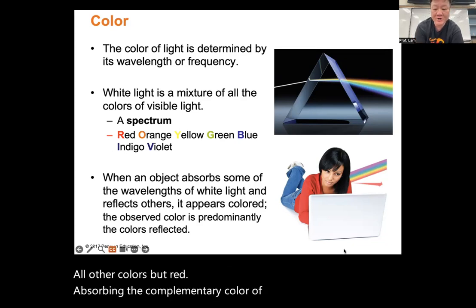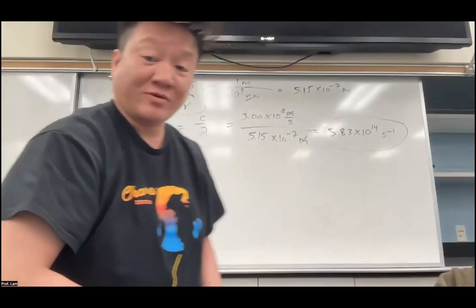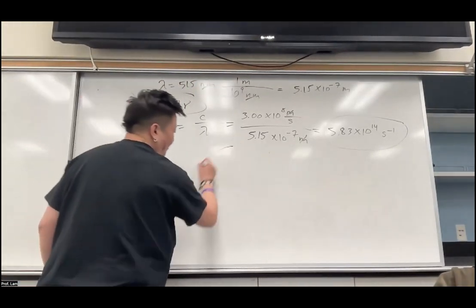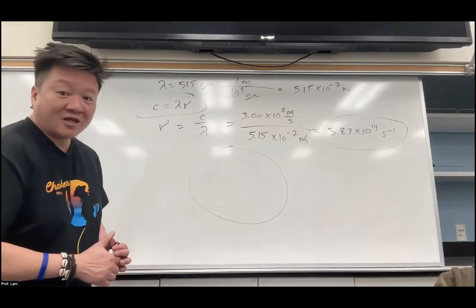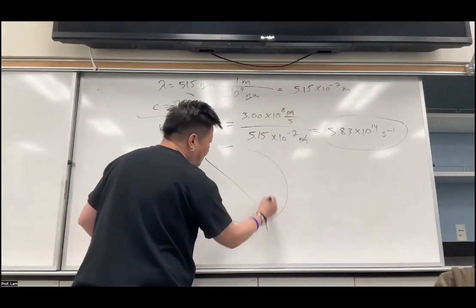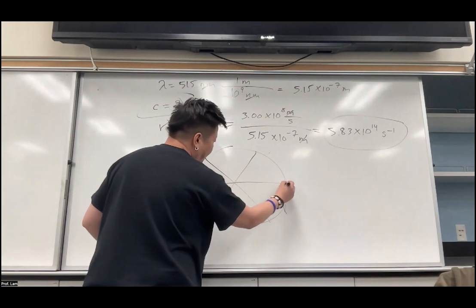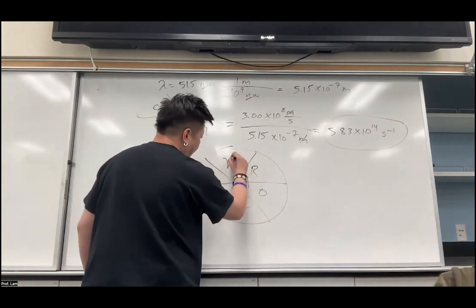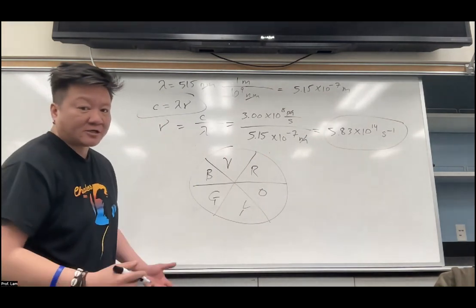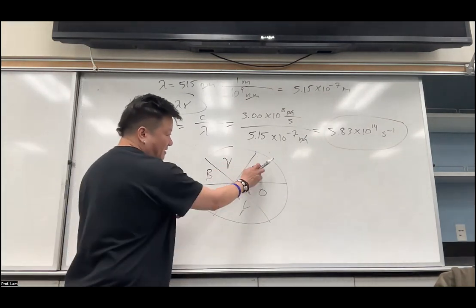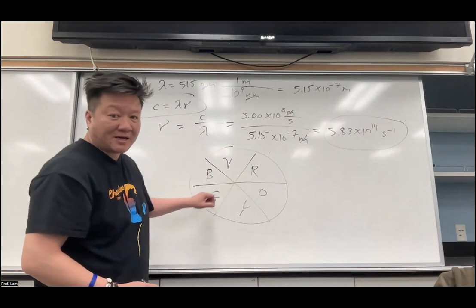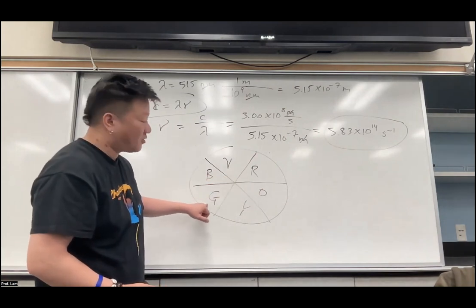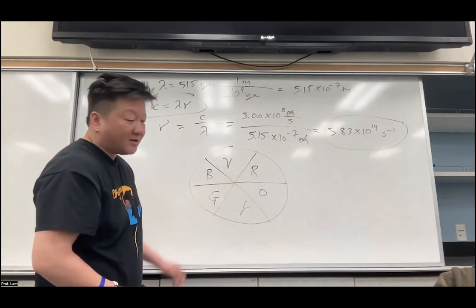So if you remember back to kindergarten, let's review kindergarten. You have the color wheel divided up into 6 pieces here. And we go Roy G. Biv. So this is how it works. If something is red, it is because it's absorbing green, the complementary color.